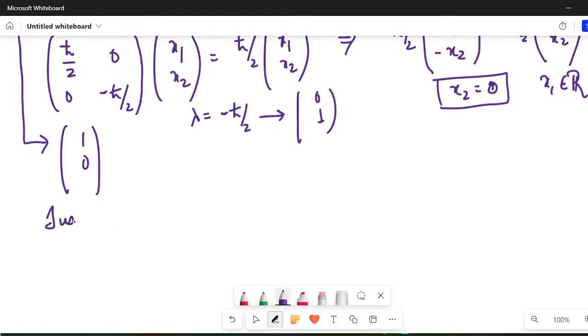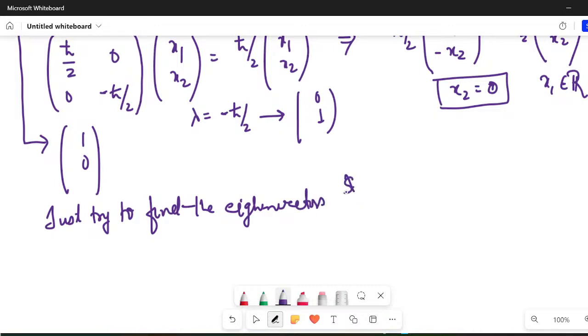Just try to find the eigenvalues and eigenvectors corresponding to Sx and Sy. Corresponding to Sx and Sy there would also be eigenvalues, and correspondingly eigenvectors. Try to find them as your homework.